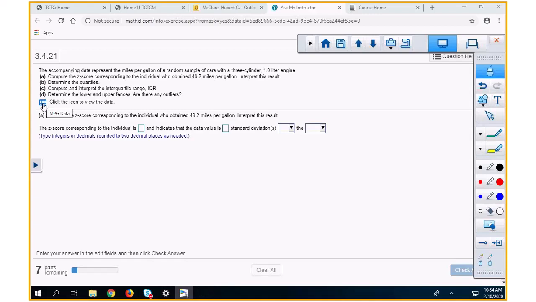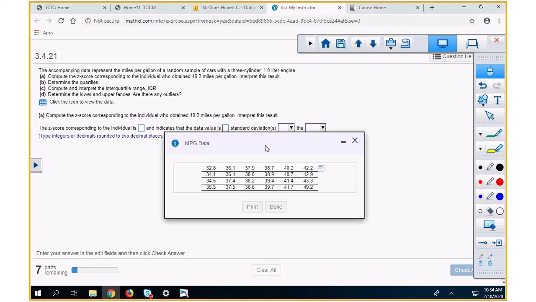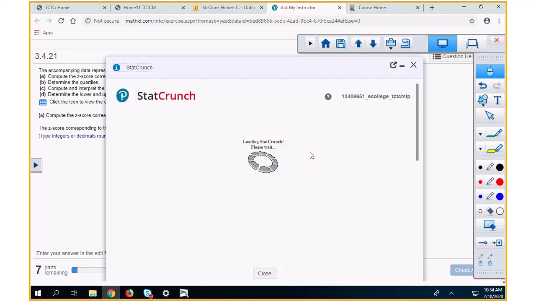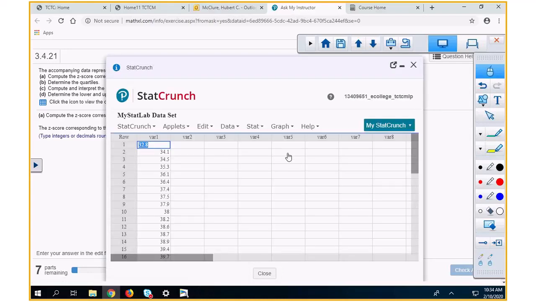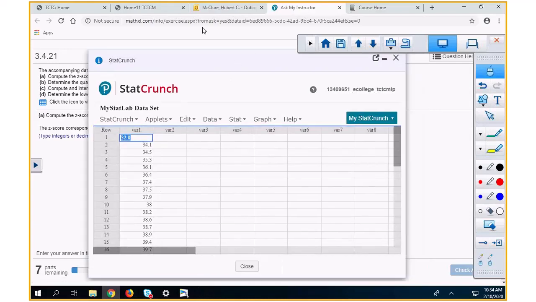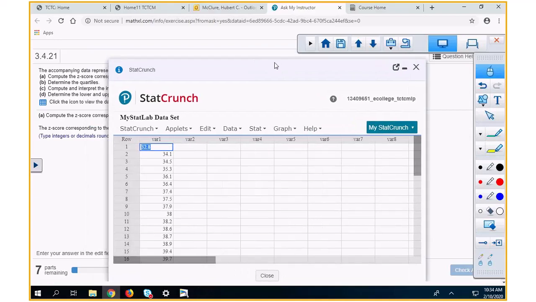So we got to go right here and pull this data up. Now, I'm going to put it on the Excel spreadsheet, and we got to find the mean so we can find the z-score and the standard deviation. So, no, I'm going to open in StatCrunch because we don't need everything. We just need the mean and the what? Standard deviation here. That's right, class.